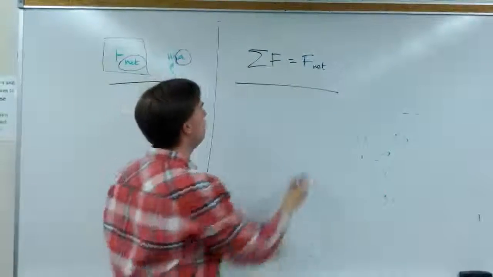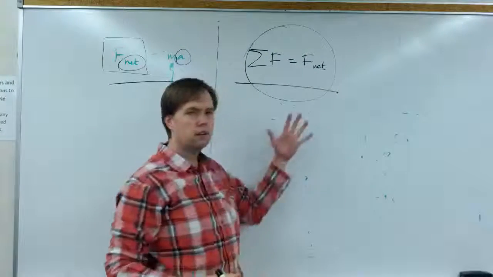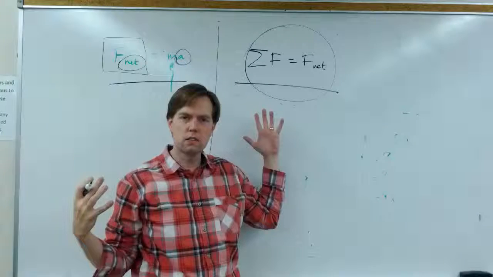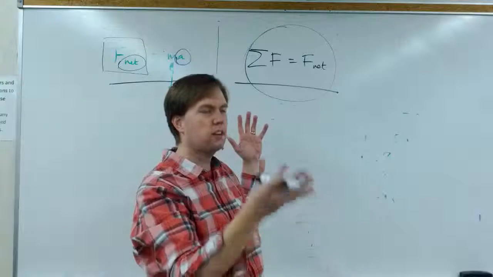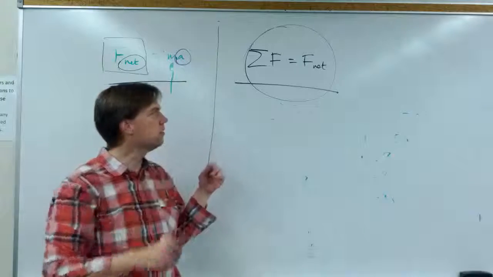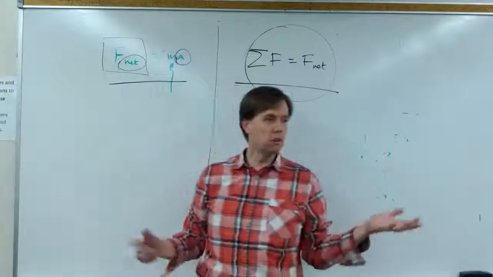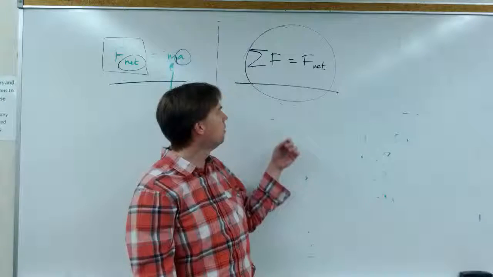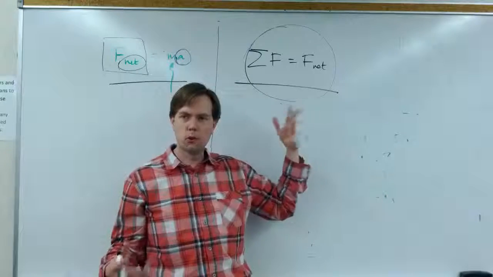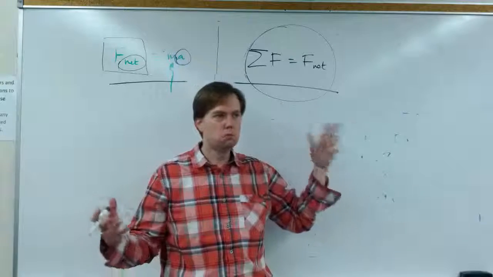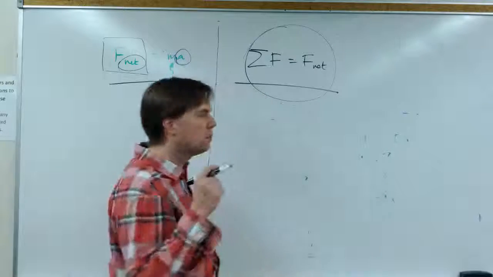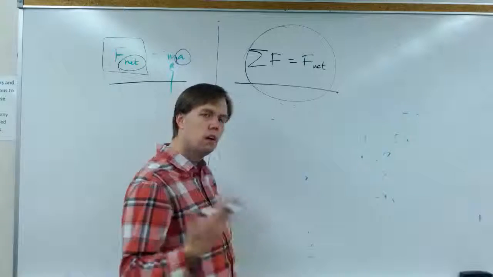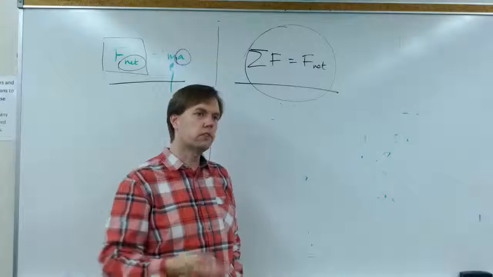The first piece is always basically a step 0 when we solve the problem. Step 0 is identify the forces that are acting on the object. That is the first thing we always do. Maybe it's 0 things, but that would be a very boring problem. So usually there are multiple forces, 3, 4, 2, 1, I don't know. That's my step 0 in all of these problems: step back and say, okay, the object in question is a sled.